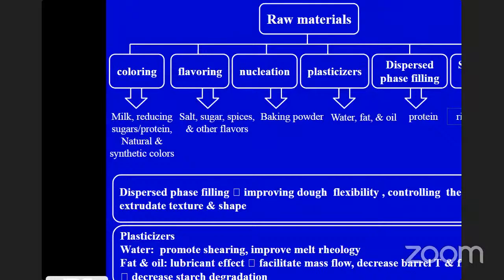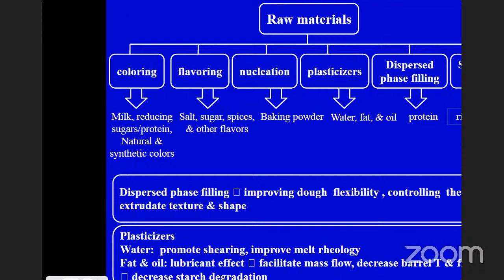We have another type of raw material called plasticizer. The plasticizers in extrusion cooking are water, fat, oil, and emulsifier. They affect the flow of material inside the barrel. For example, fat and oil act as lubricant, facilitating mass flow and reducing the thickness of material on the screw.